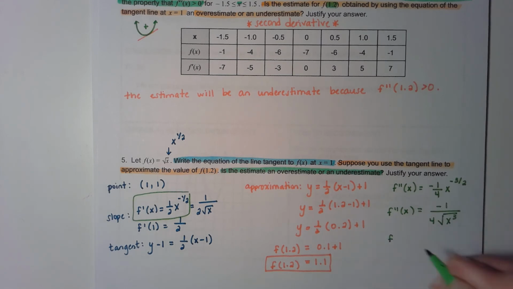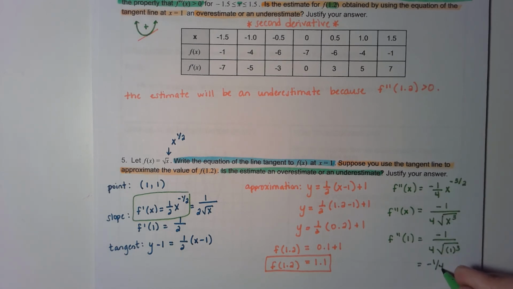Now I'm going to plug in the number 1 because that's where I drew my tangent line, which means I get negative 1/4.